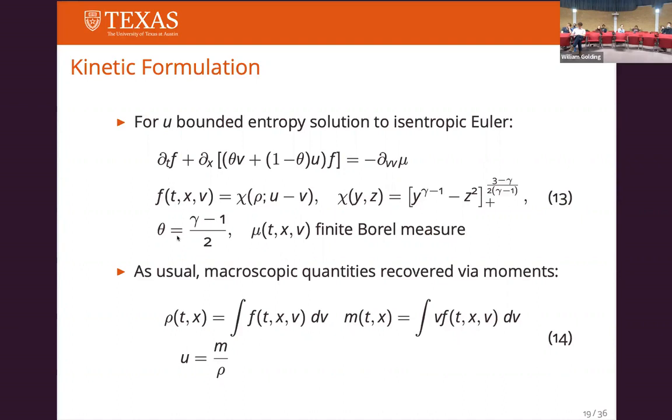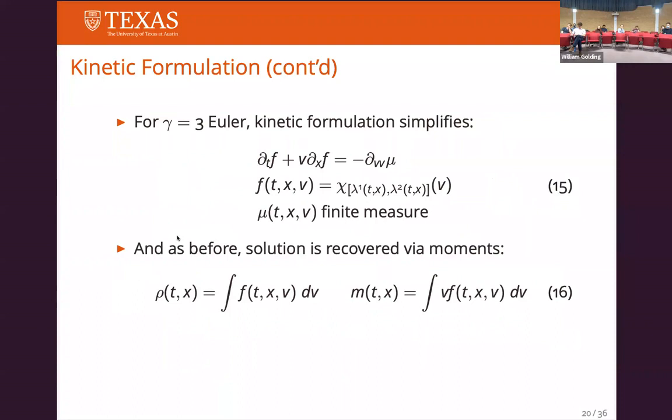So if anyone has any ideas how to handle equations like these, it would be very interesting. Because for gamma equals 3, you have a much simpler form. This might look a lot more friendly if you're used to kinetic things, right? I've got transport equals velocity derivatives of something. And here the pi function just becomes a characteristic function of an interval in velocity.